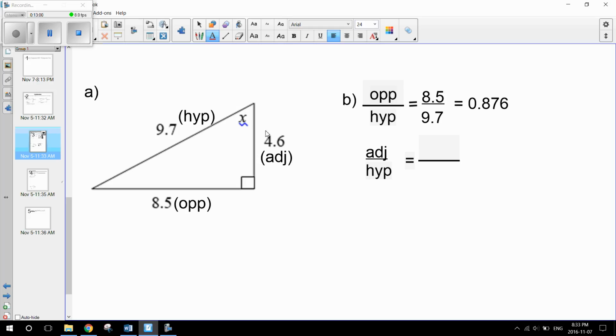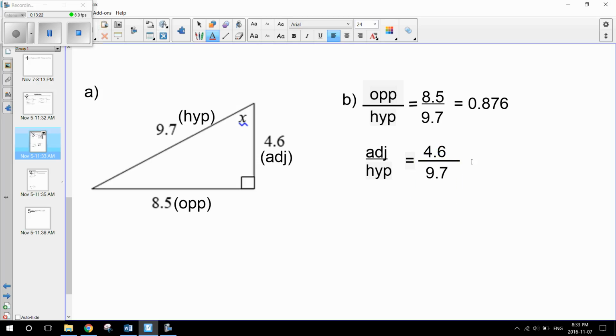We look at our triangle, and our adjacent is 4.6. So that goes on top of the fraction. And our hypotenuse is 9.7, so it goes on the bottom of our fraction.